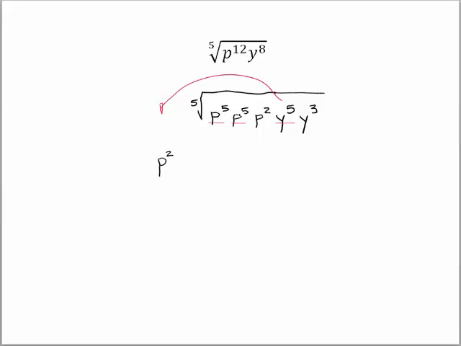We have one here and one here. And we have a y to the 5 that comes out as y. And then we leave in there what we have left. We still have 2 more p's that we can't take out of there. There's our 5. And we have 3 more y's. So we've simplified this equation by taking out what we can to the outside of the radical.